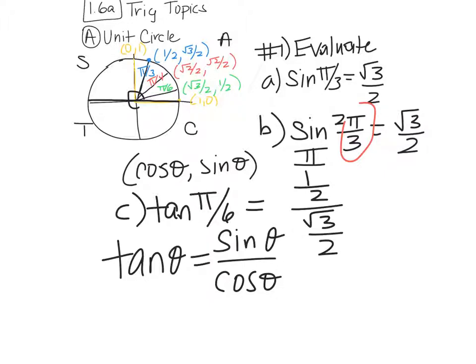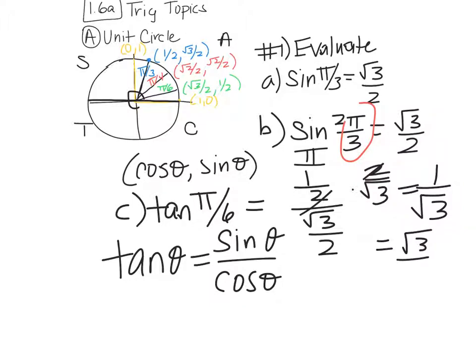You could flip and multiply, 2 over rad 3. I think a lot of you would leave it as 1 over rad 3. I don't really like that. Rad 3 over 3. Remember, negative angles go in a clockwise way. So you're pretty good at those? Pretty good at unit circle? You remember all that stuff?